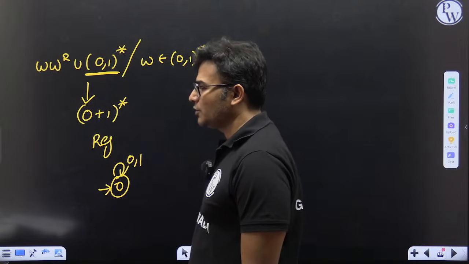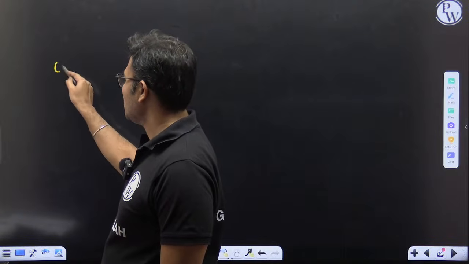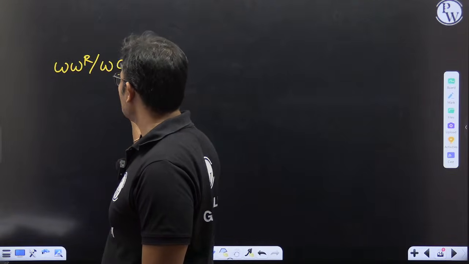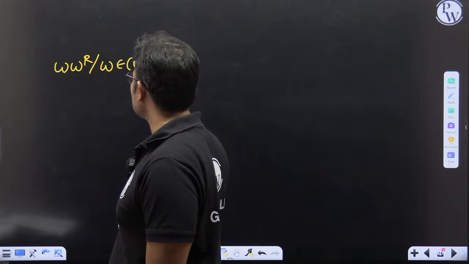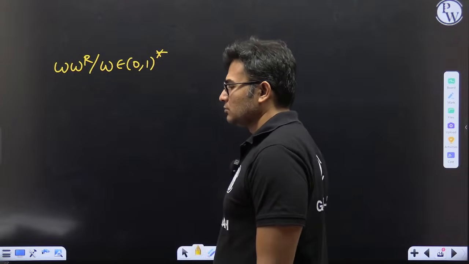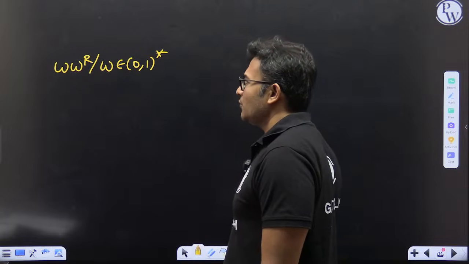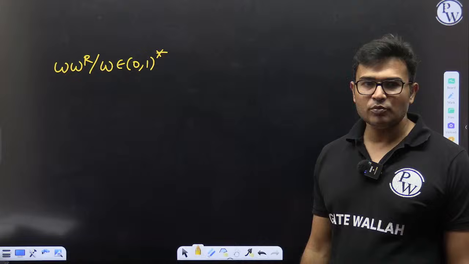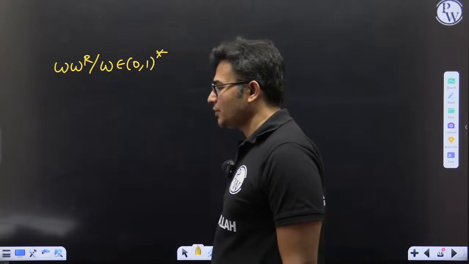Now tell me about this. W^R such that W belongs to (0,1)*. What language is this?